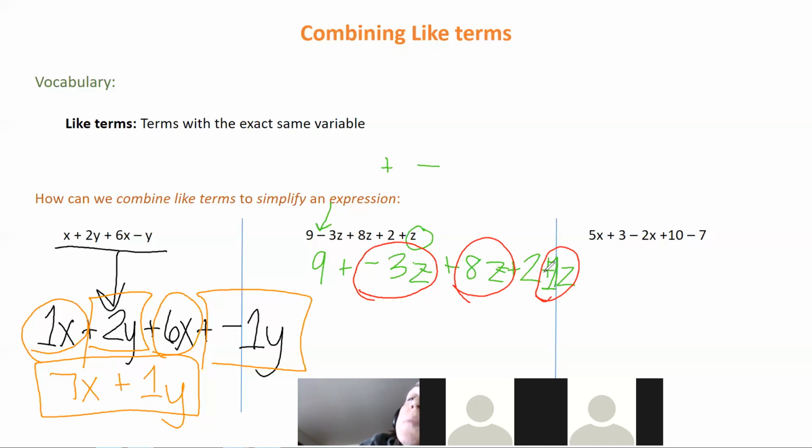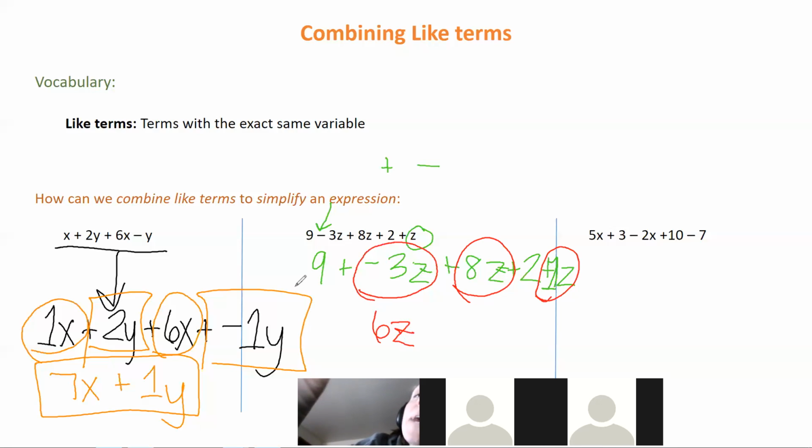What's negative 3 plus 8 plus 1? Last example. Yeah, I think you're right there. Let's see. So we have 8 minus, yep, 6z. Good job.